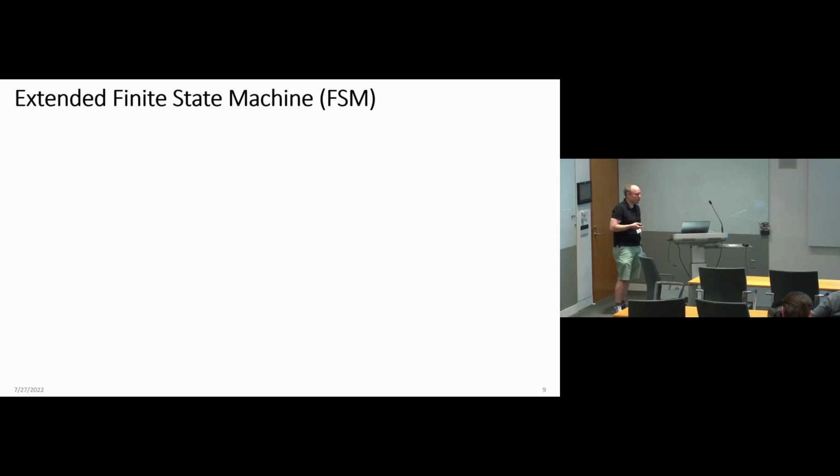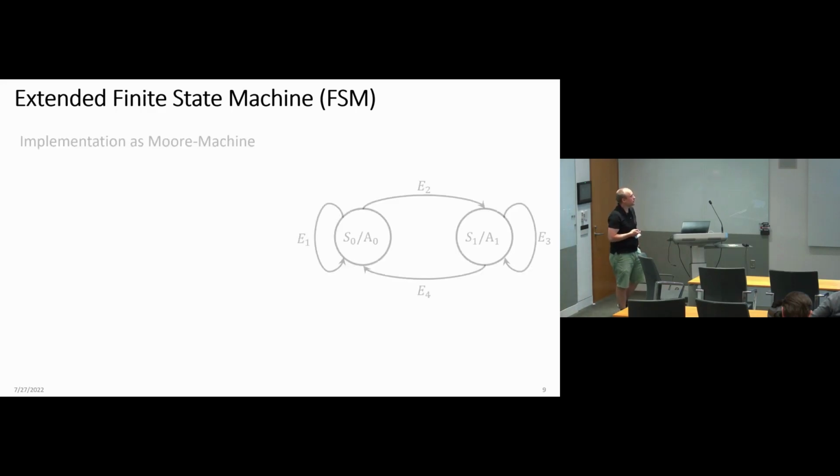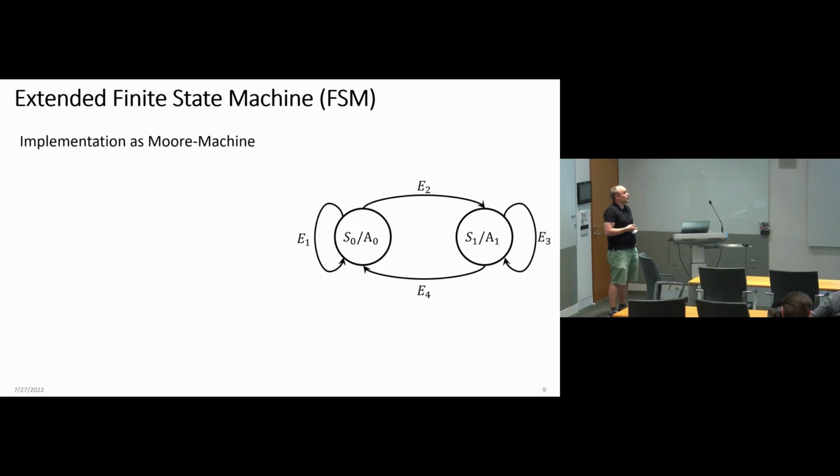BEADL uses a finite state machine approach to describe behavior tasks, and we extended it because the formal way of defining a finite state machine might be too limited. More precisely, we're using a Moore machine as a state machine, which means the output action, whenever the behavior control system reacts with an output, depends only on the state the system is currently in, not on the event.